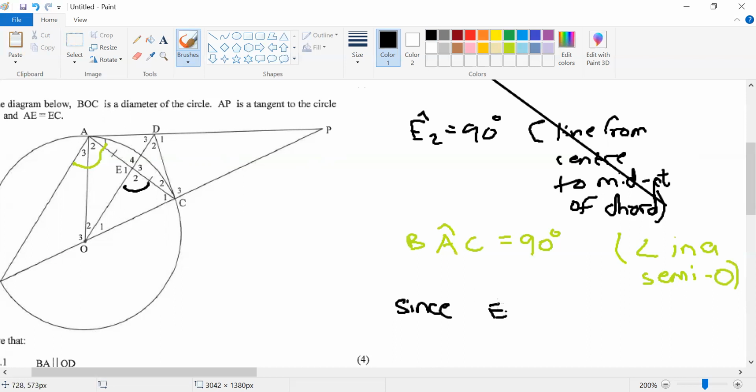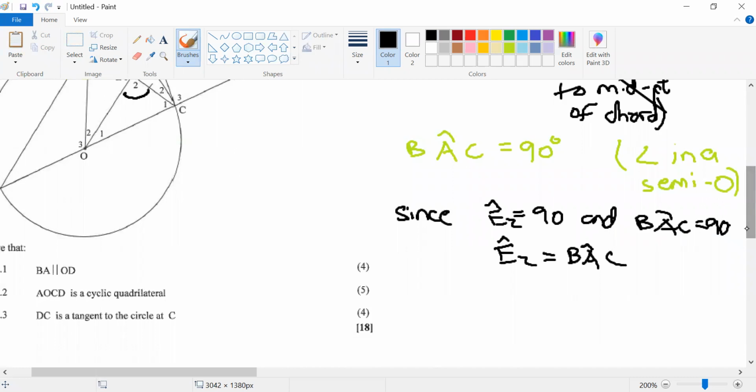And now our last statement is just going to say, since angle E2 is equal to 90 and angle BAC equal to 90, angle E2 is equal to angle BAC.